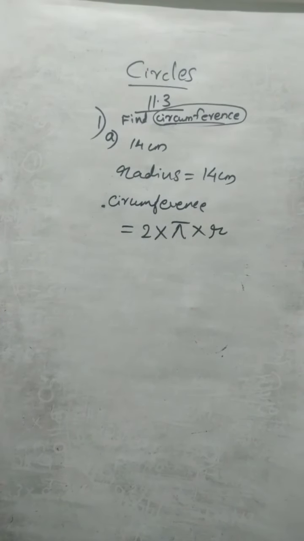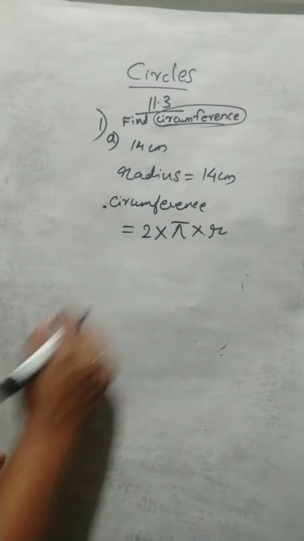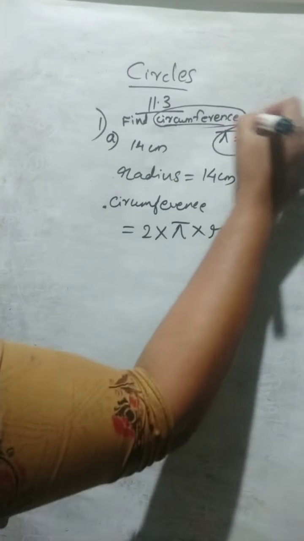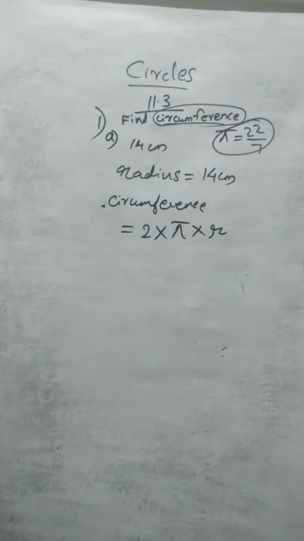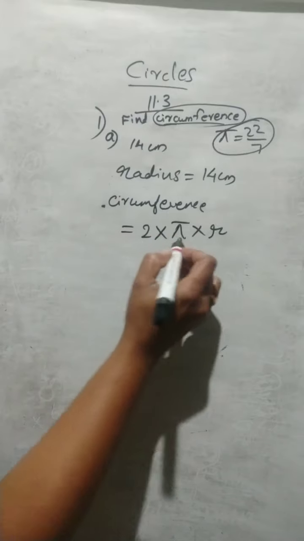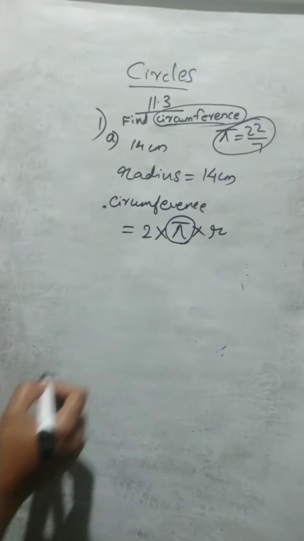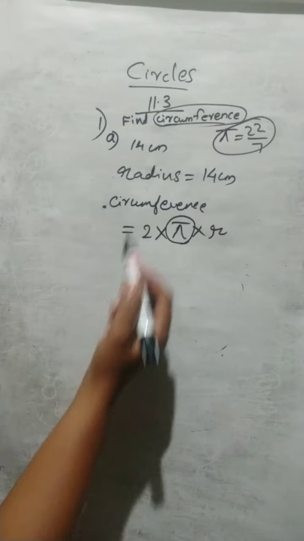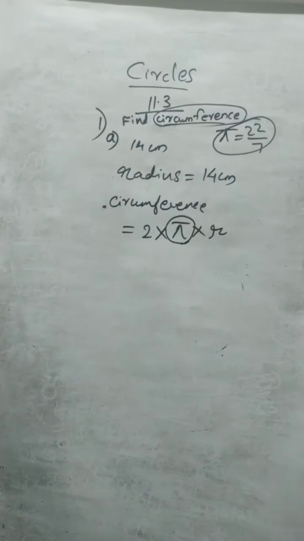In the question there is one clue. We have to take pi equal to 22 upon 7 for each question. So here we have to apply the value of pi equal to 22 upon 7, because it is already mentioned in the question.